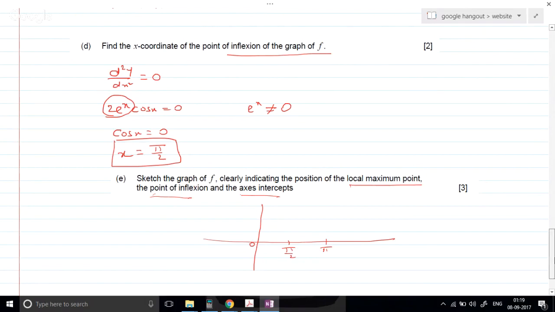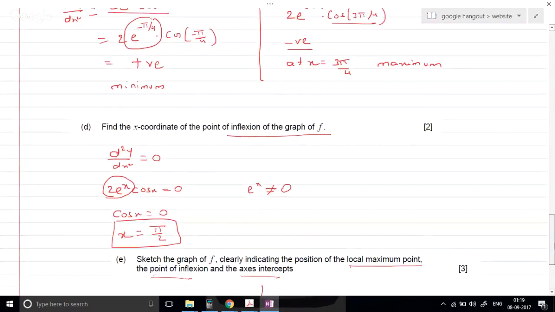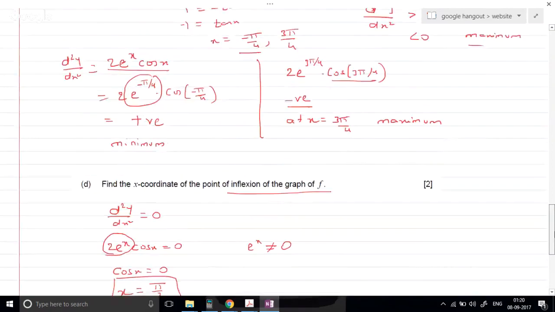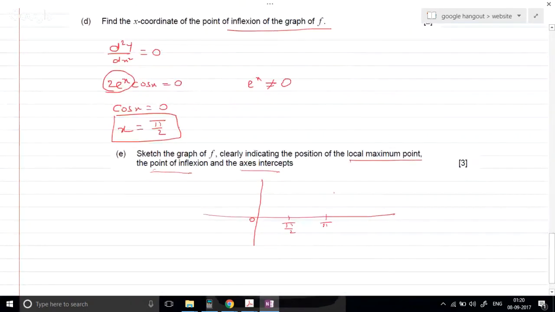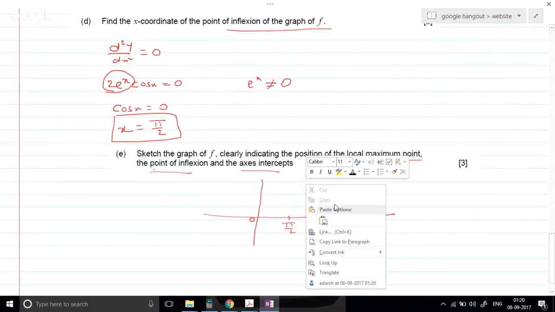Okay, now what did we get as the local maximum value? It was at 3 pi by 4. So 3 pi by 4 is somewhere exactly between these two. This is the maximum.